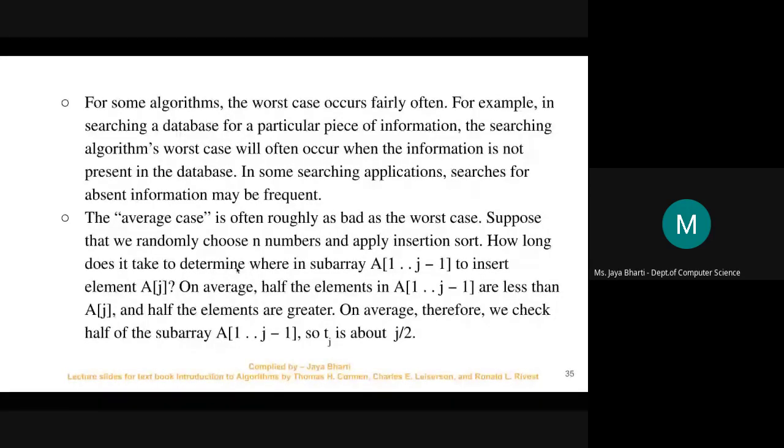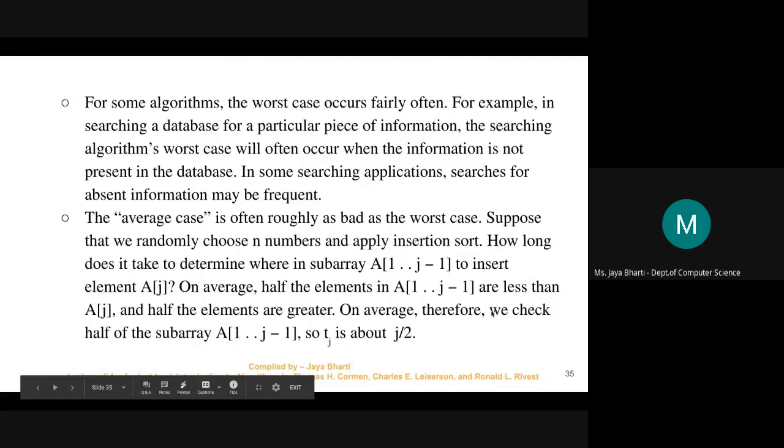So how long does it take to determine where to insert A[j] in your left hand, means how to identify the correct position? On average, half the elements in A[1 to j minus 1] are less than A[j]. You can compare it with the example that I have given, and the other half is greater. So on average, we need to check half of the array. So it is about j by 2.